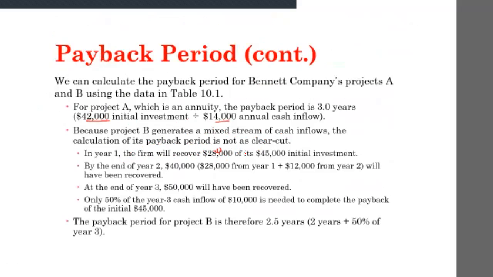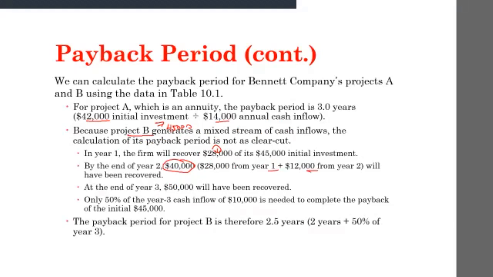So it's year 1, 28,000 of the 45. Year 2, it covers 40,000, which is 28 from year 1 and 12 from year 2. So far in year 2, it has covered 40,000. But what's the initial cost of Project B? Project B's initial cost was 45, so we're still missing 5,000.